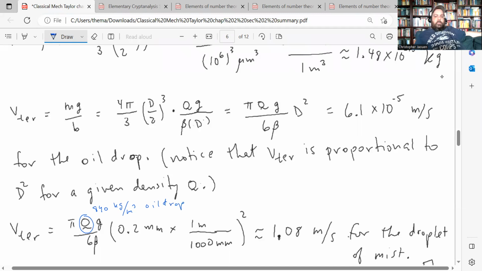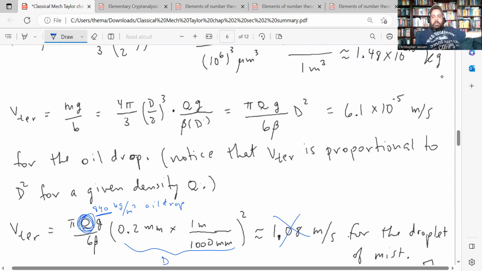And the raindrop is made of water, and water should have a different density. So actually this calculation is not going to be accurate because I used the wrong number for Q. Hopefully you understand what I'm saying there. But this is the process. So this is the value of D for the raindrop, but this value is incorrect.